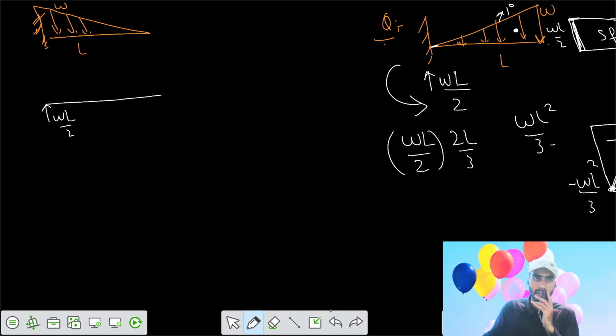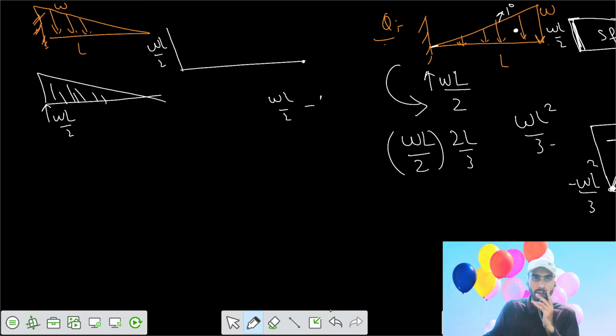You got the reaction as WL by 2 and you have a loading intensity of W, so the shear force here is WL by 2 and at the end WL by 2 minus the area of that triangle WL by 2, that is 0.